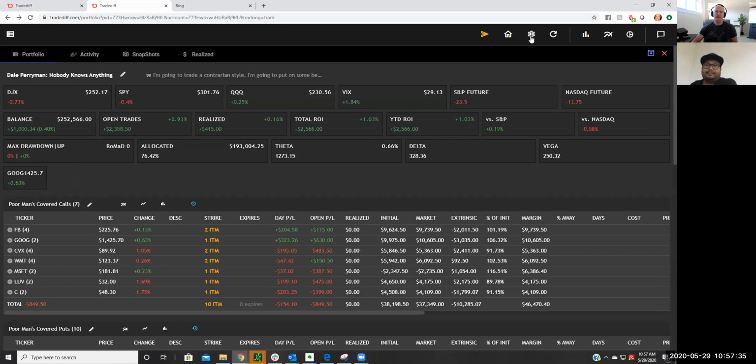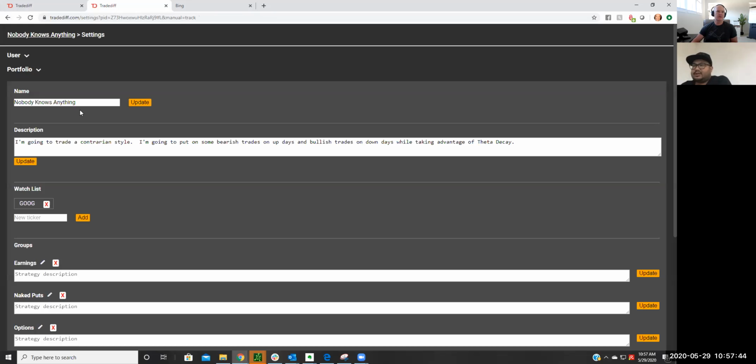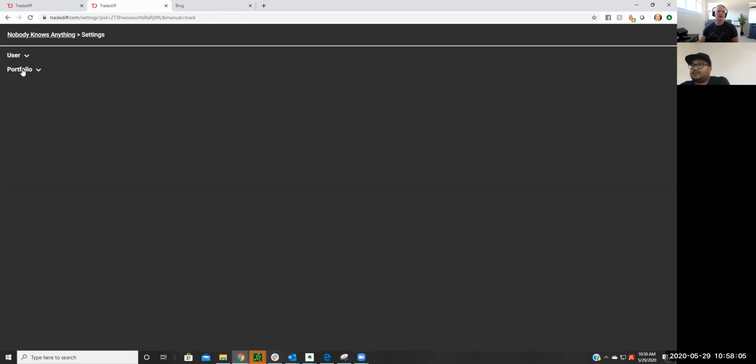But if you click up here on settings, and then go into portfolio, change the name, and then hit update. And then you click update. Okay, so change success.